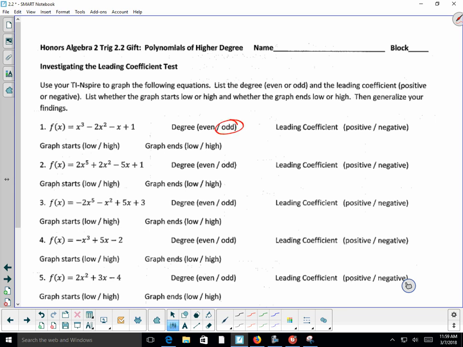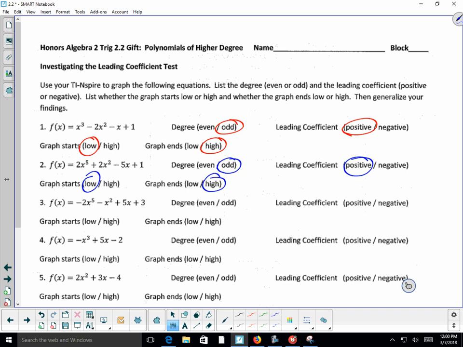Leading coefficient, positive 1. And did the graph start low, end low, high, high, or? It starts low and ends high. Do people agree with that? Yes. Then what about number 2? Your summary there, Emily? It's odd degree, positive leading coefficient, starts low, ends high.